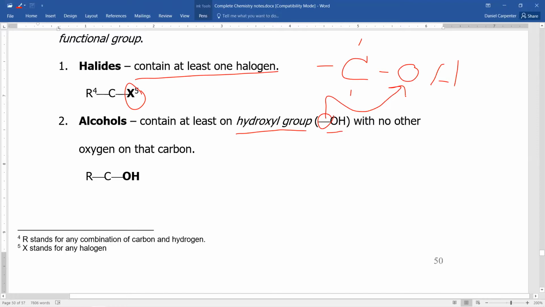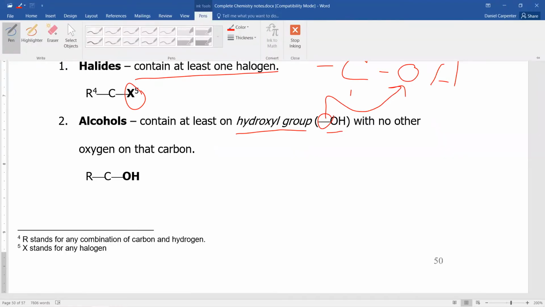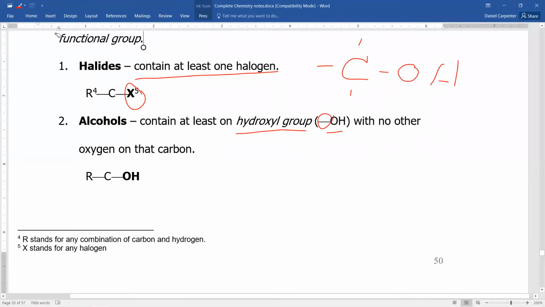This dash is this bond right there. Those 2 dashes are the same. That does not mean minus, it means a bond. Keep in mind also that they had the OH and they had no other oxygen on that carbon, not someplace, but on that carbon.